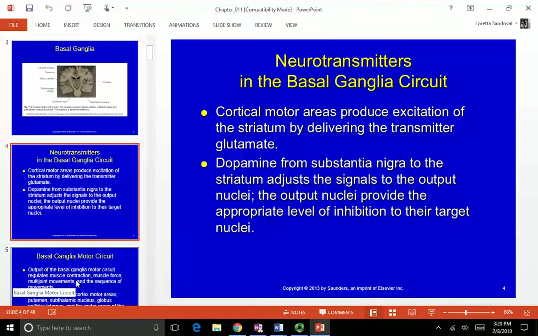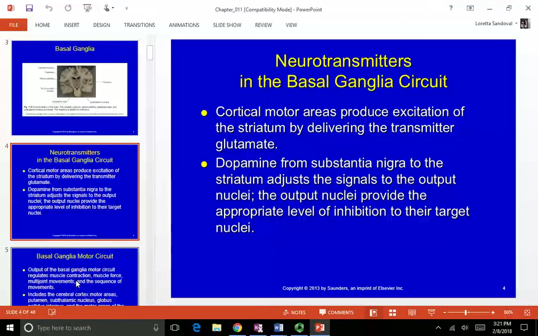So there are some excitatory neurotransmitters that are involved in basal ganglia function, like glutamate, and some inhibitory neurotransmitters involved. And of course, we know that whether a neurotransmitter is excitatory or inhibitory has largely to do with what receptor it binds to.